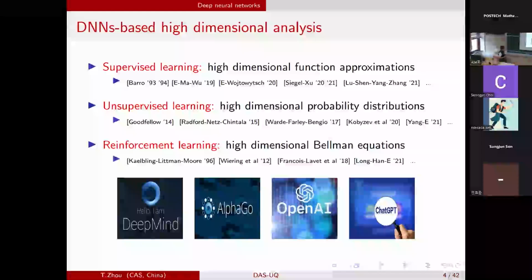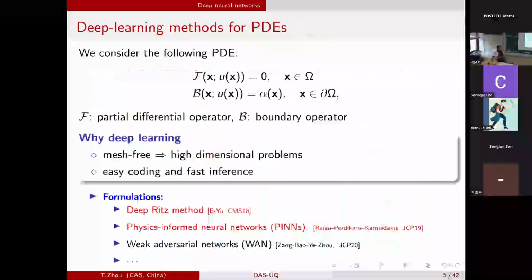Today I'm going to talk about a very simple problem: solving a very simple PDE. You know that we have a lot of traditional methods to do this. Consider a very simple PDE, and this is the PDE equation, and this is the boundary condition. In this operator, there are derivatives and other terms. You can imagine that this is simply the Poisson equation or an elliptic equation.